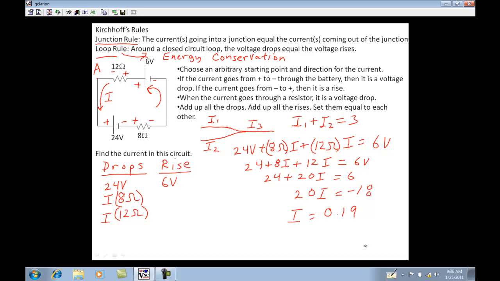Negative 0. Oops, that's not right. There's no 1 there, right? Let's erase that. Let's get rid of the 1 and the 9 there. So that's actually 0.09 amps. Okay, is it positive or negative?